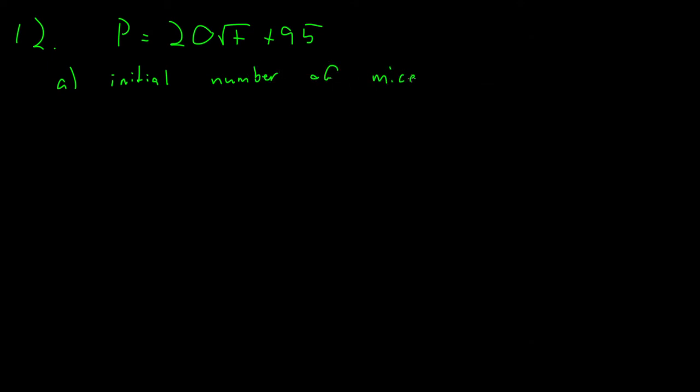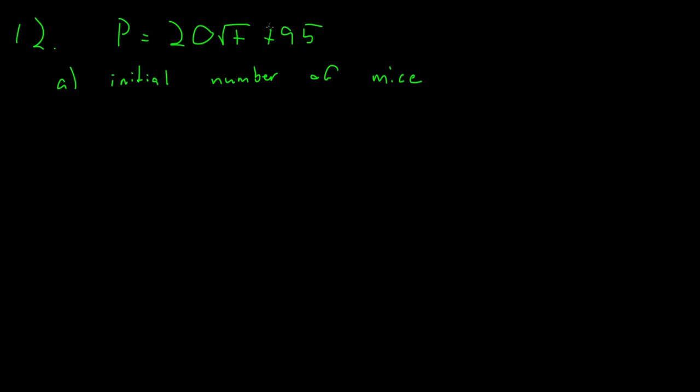So question 12, we've got this equation, p equals 20 root t plus 95. That's not really relevant to the mathematics, but p is the population of mice, and t is the number of weeks. So we'll start with a. It looks really obvious, and it's 95.